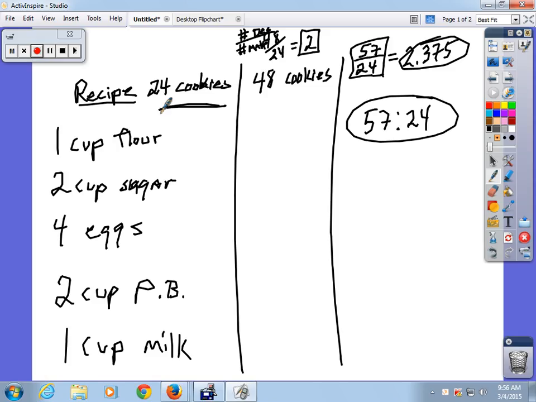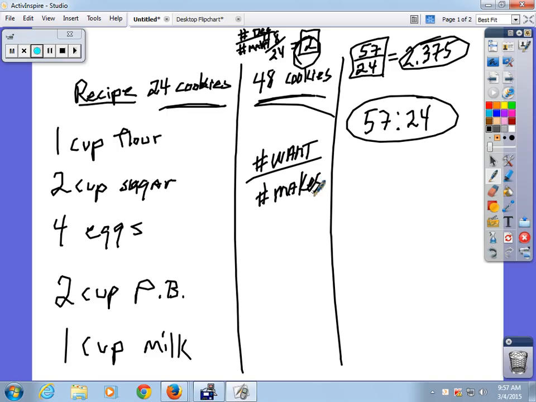If I ask you to make 48 cookies, how do you know to double? Where did you get that number from? 48 divided by 24, or 24 times 2. You have a multiplier, which is 2. And you get that by taking the number that you want over the number that it makes.